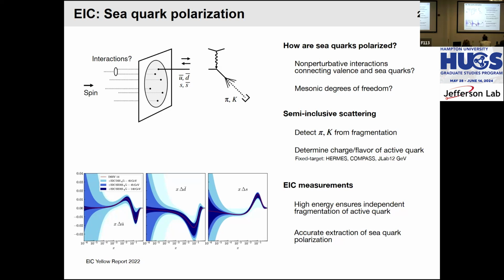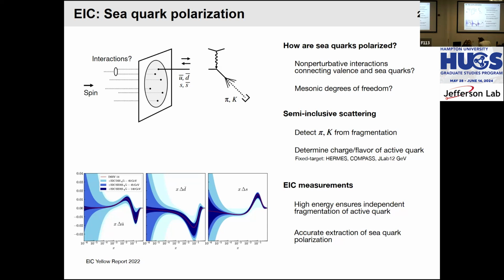If we just did completely inclusive scattering, we couldn't tell whether we scattered from a U quark or a D quark, or from a valence quark or a C quark. We would just measure the aggregate effect. You can still get information about C quarks from inclusive scattering, but it's very limited.